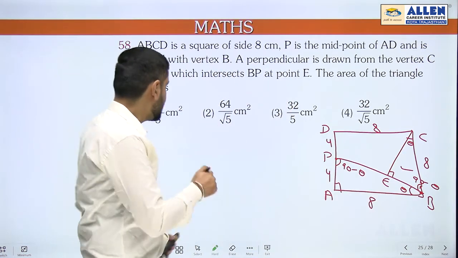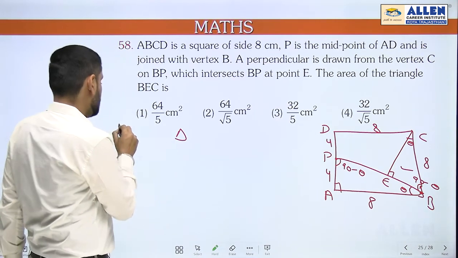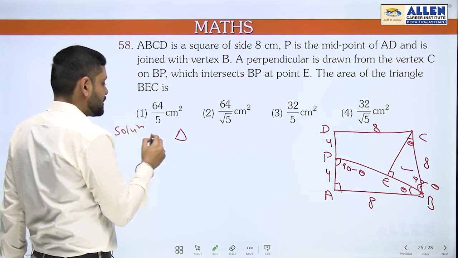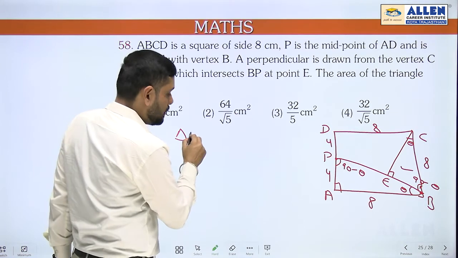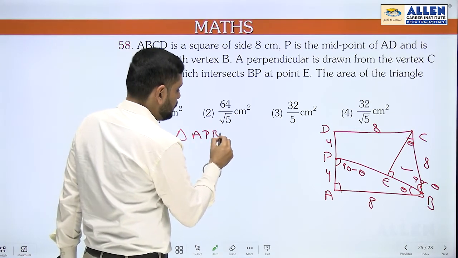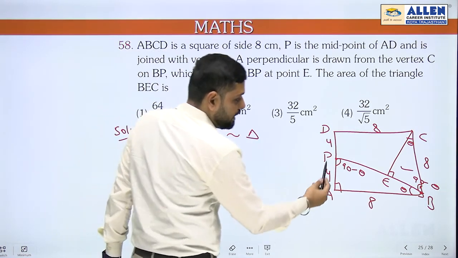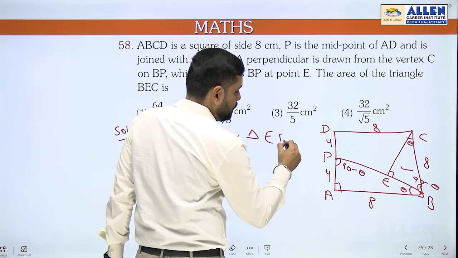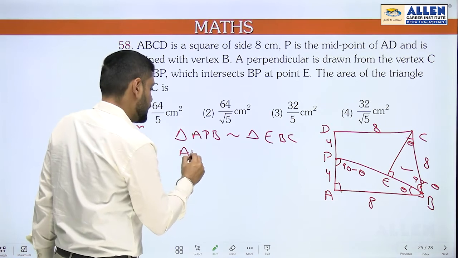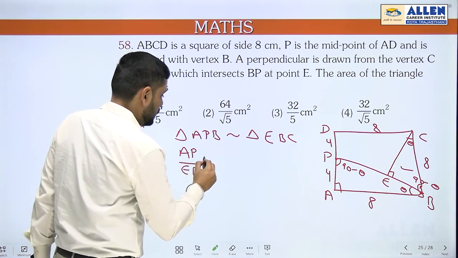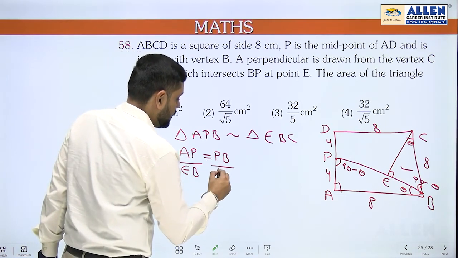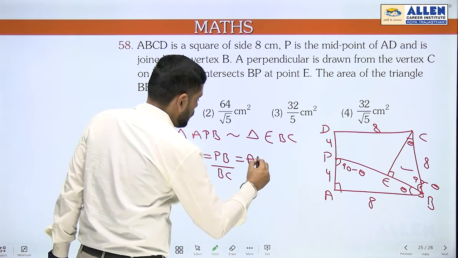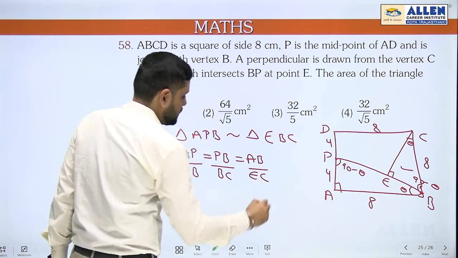So we can write that triangle APB is similar to triangle EBC. Accordingly, AP upon EB equal to PB upon BC equal to AB upon EC.